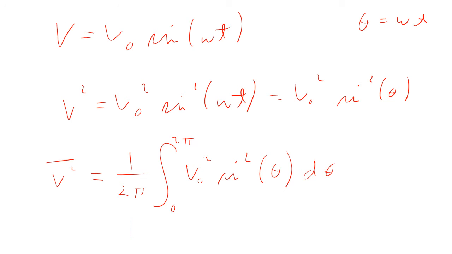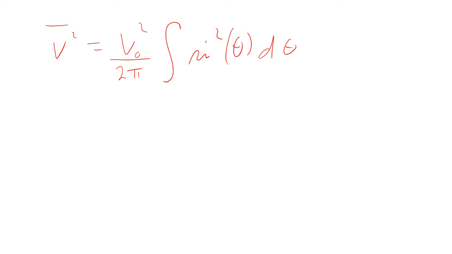All right. So I want to find this average of the v squared. So we can bring the v naught squared over 2 pi out, times the integral of sine squared theta d theta going from 0 to 2 pi.